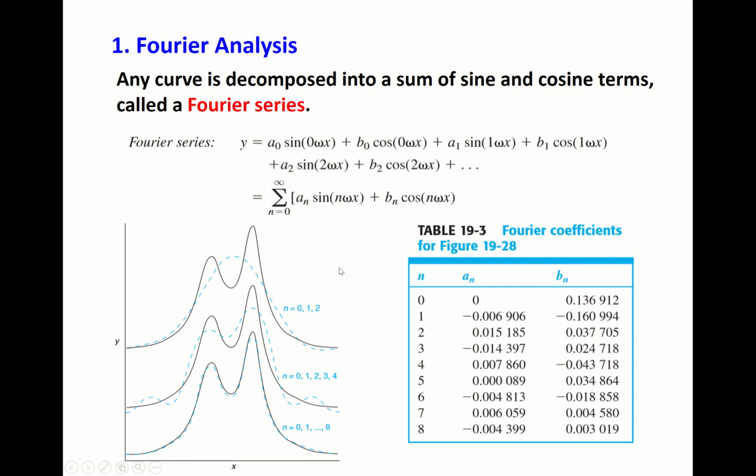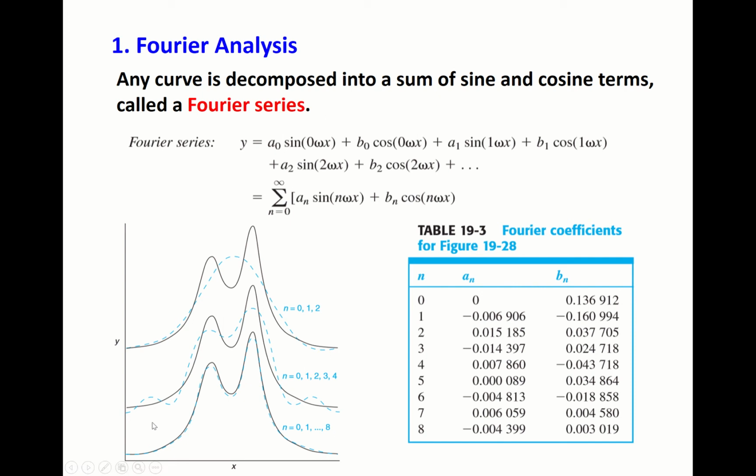For example, you see, by combining sine and cosine waves with different frequencies, it is possible to construct any wave. All right, any wave. Here, look at that.